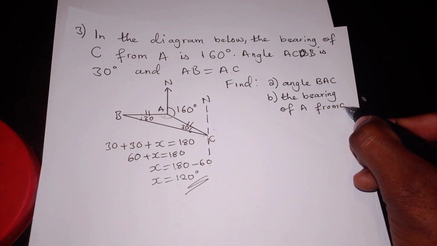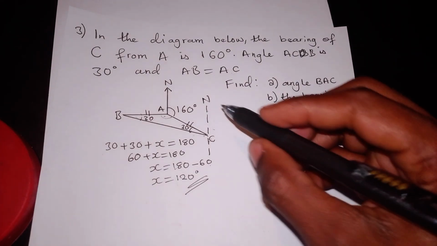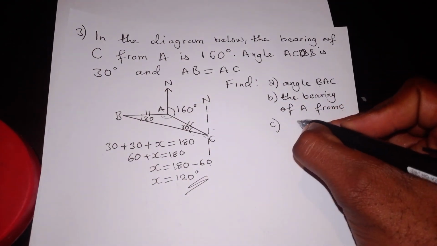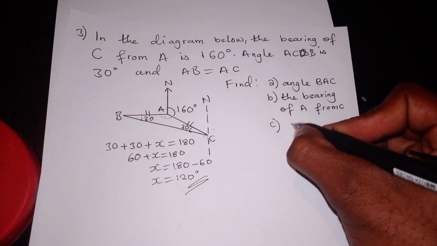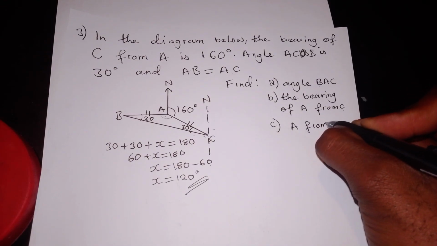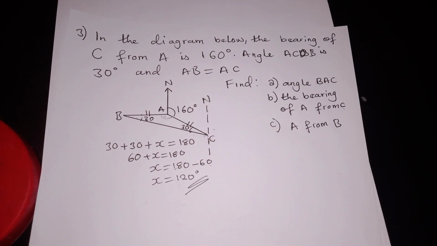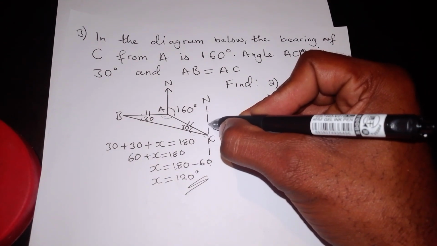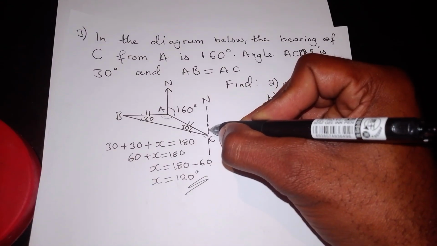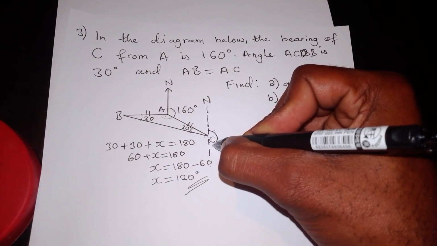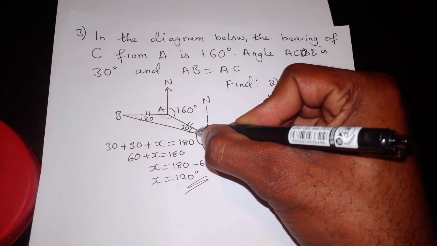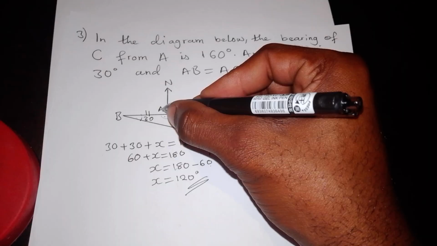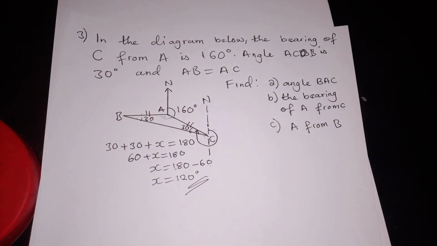And then you can draw an arc from C going to A. So this is my A, this is my B. Maybe I should add part C, where you find the bearing of, let's say, A from B. Yeah, let's do this. For me to find this, I'll draw an arc from here going in the clockwise direction all the way to A. So this is where my A is, that's my A there, this line here, and then you have that line.